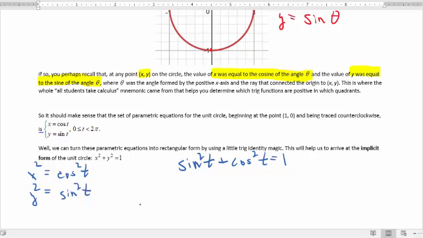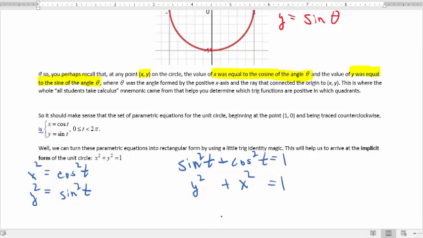And now it's really just substituting. We know that sine squared t plus cosine squared t equals 1. We can replace sine squared t with y squared, and we can replace cosine squared t with x squared, and it's equal to 1.